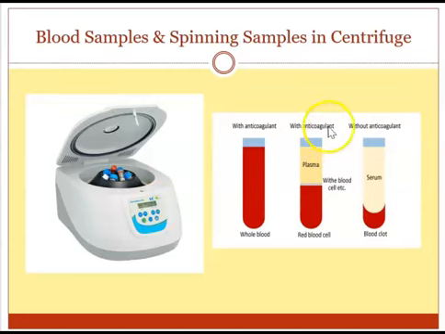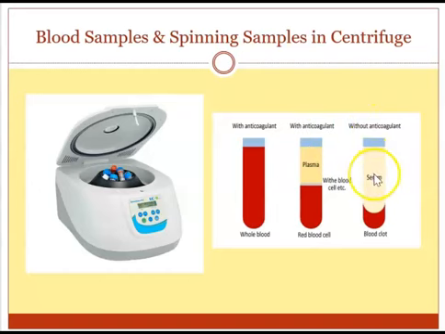So if you have an anticoagulant additive in your tube, that's not going to allow your blood to clot. So you're going to end up with a plasma sample after it's spun down in the centrifuge.